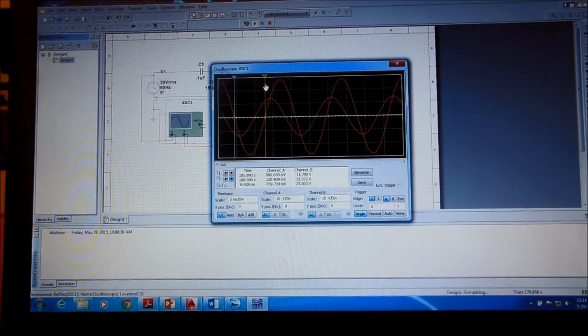If we look at the next 0 crossing for this one, it would be right about right there. So that's 16.76. Now actually at 60 hertz it's going to be 16.667. That's what 1 over 60 is, and that's the period of the sine wave.